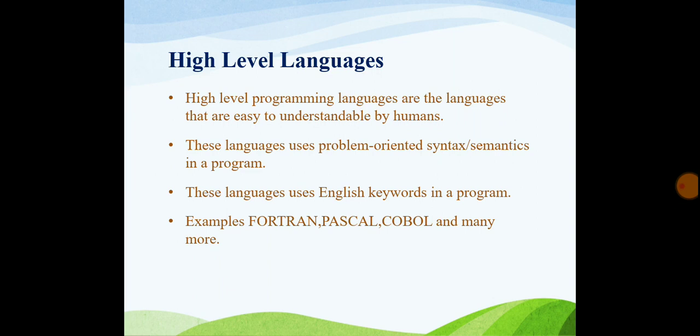For example, in a higher level language, one could write the instruction to add 5 and 6 like this: 5 plus 6. It is much more similar to human language, so just by looking at the code, one can understand what we are trying to do.